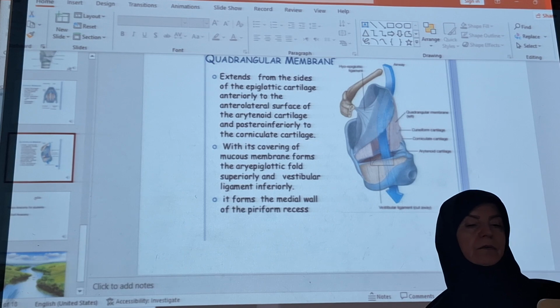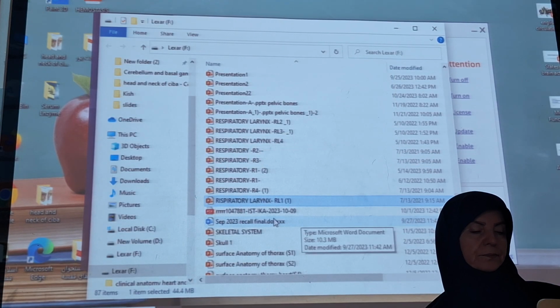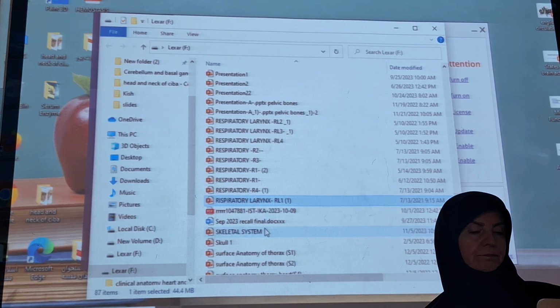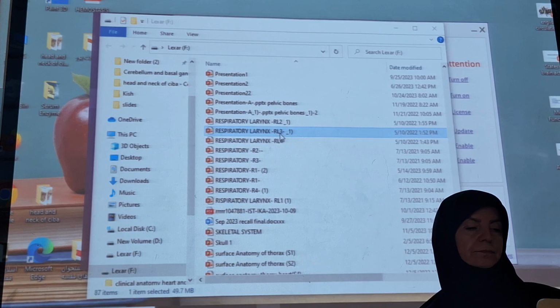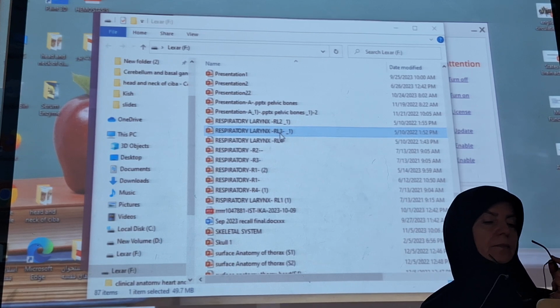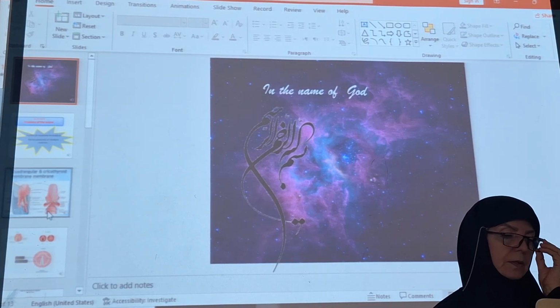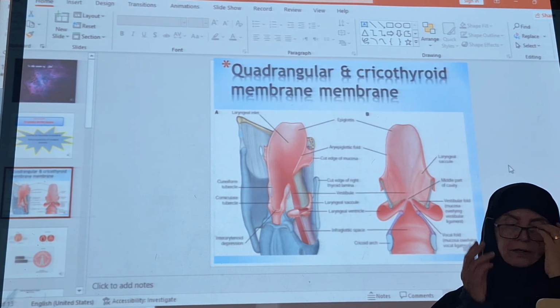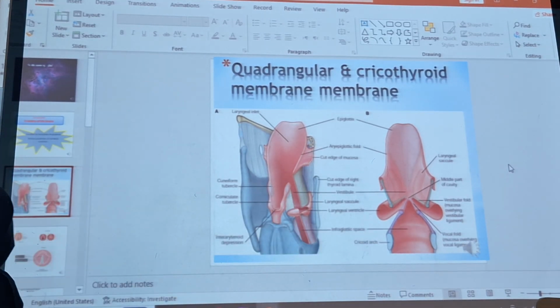Now we go to another part. In this picture, you are going to look at the inlet of the larynx.